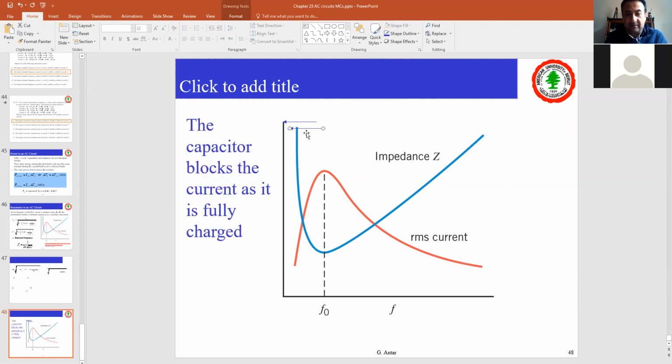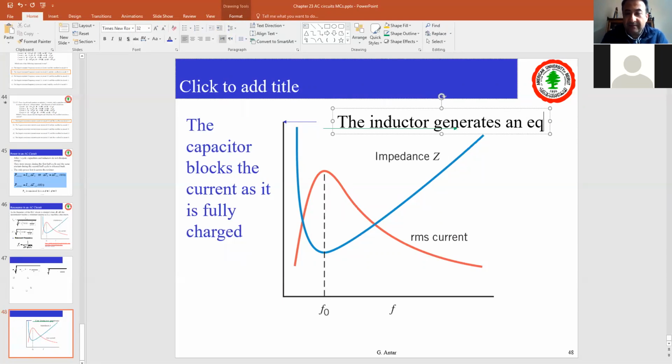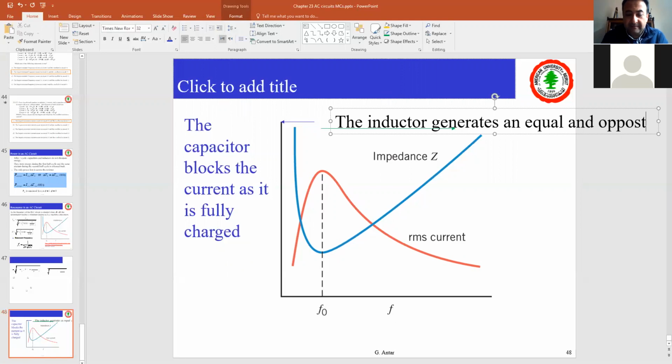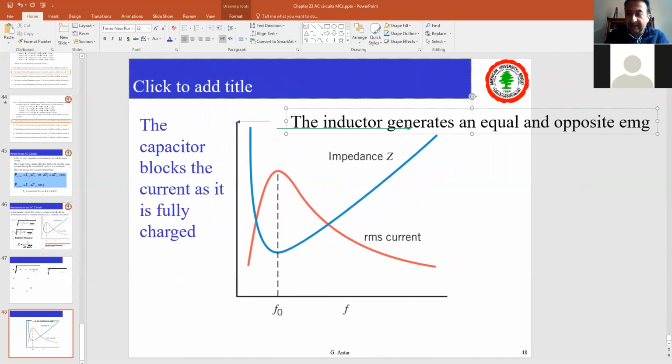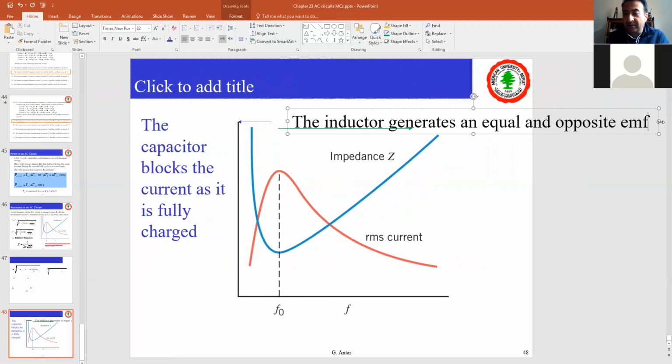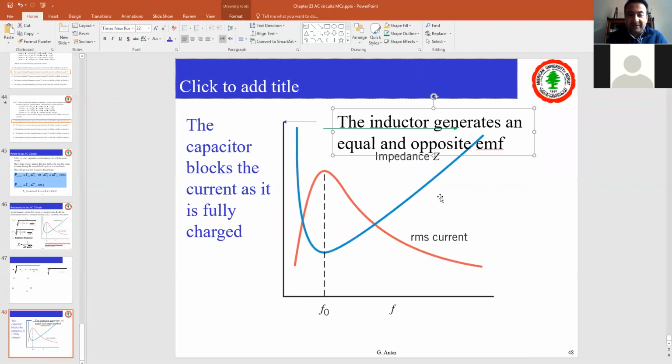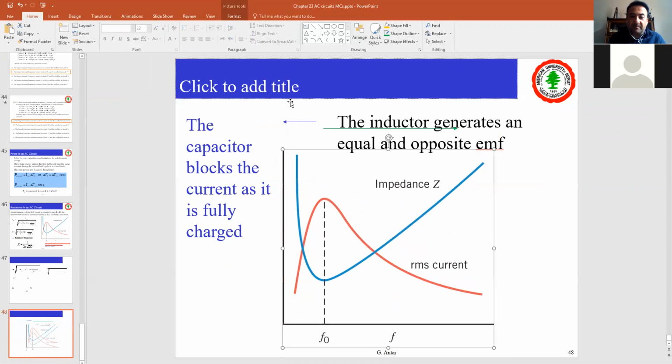Now if I go on the other side, let's put it in green. In this case, the inductor generates an equal and opposite electromotive force, which leads to a current equal to 0. It's as if I have a battery, but at the same time I have an equal and opposite battery.